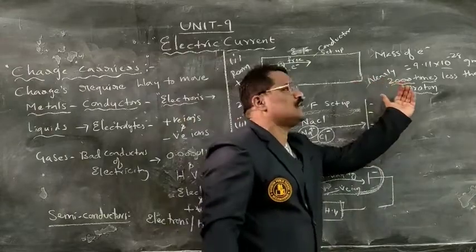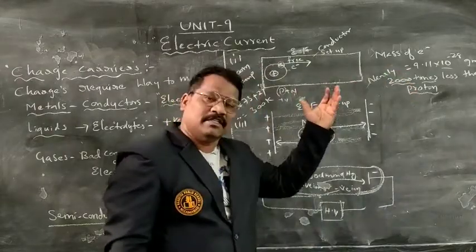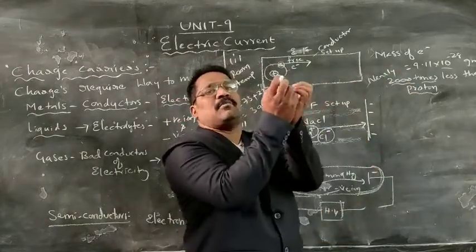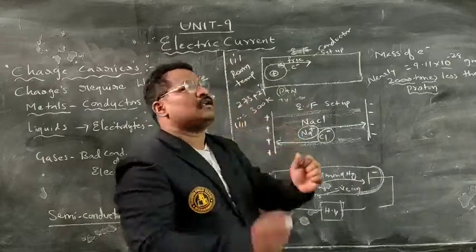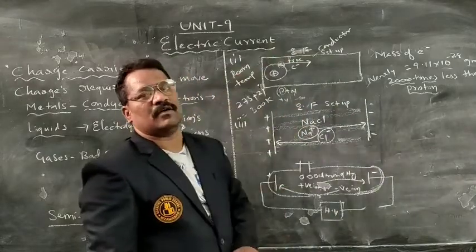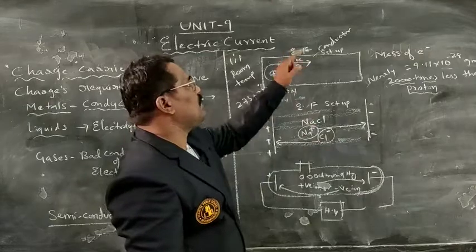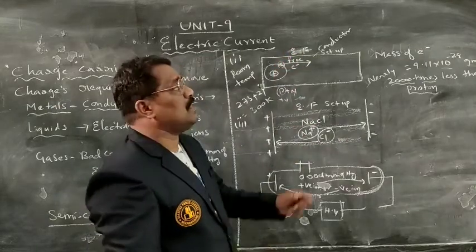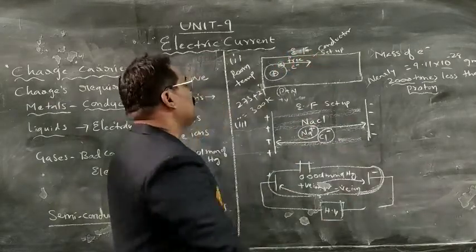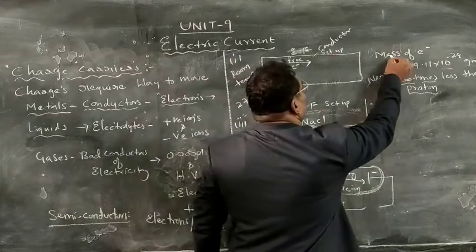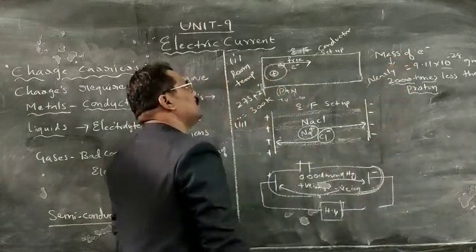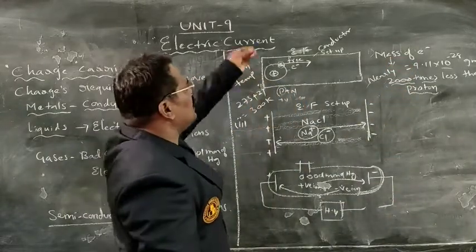Therefore, we understand clearly that the proton is a positive charge, and its mass is much greater compared to that of the electron. The charge of the electron is negative, and its mass is negligible compared with the mass of the proton.